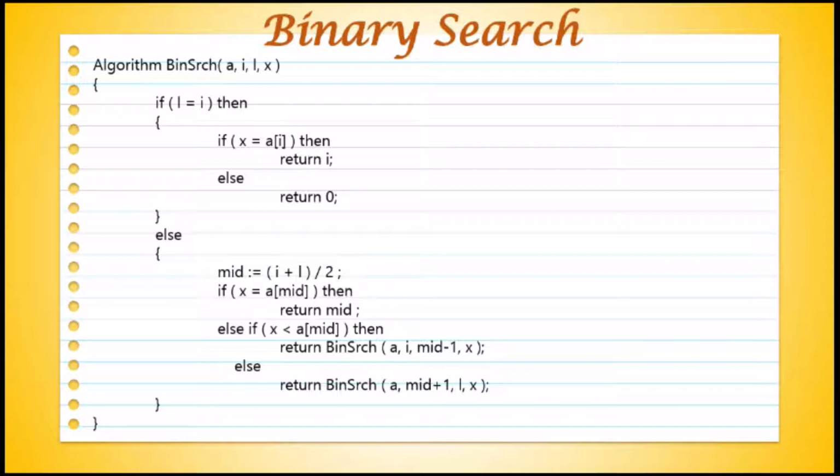If the element, that is the searching element, is not present in the list, then we are returning the value 0. And if the element is present in the list, then we are returning the position of that element. So now we will take values and we will see how this particular algorithm works.